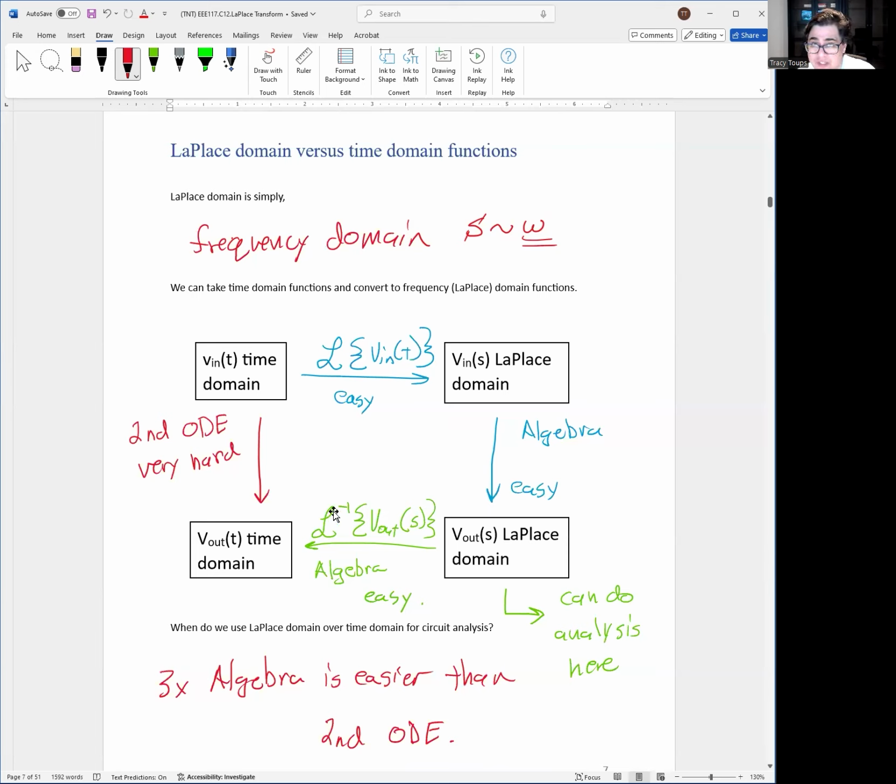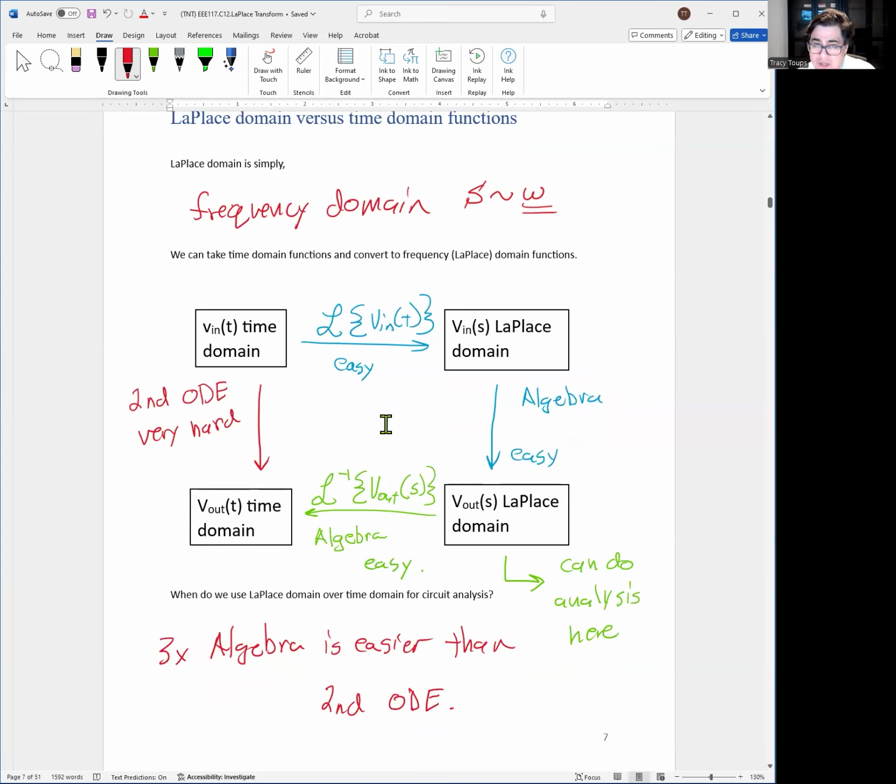So how can we use a Laplace domain to help us? We're starting in the upper left, we have V in of t in time domain. Now I want to get to V out of t in time domain. Looking at the previous circuit, we could use a second order differential equation to do this. It's going to be very, very hard.